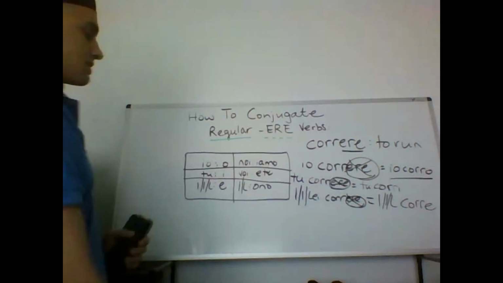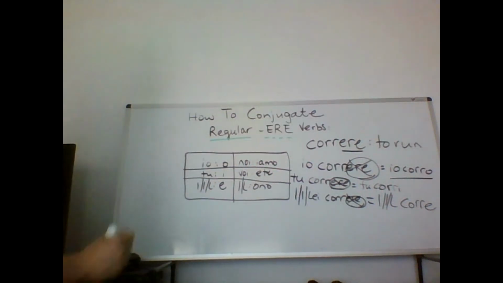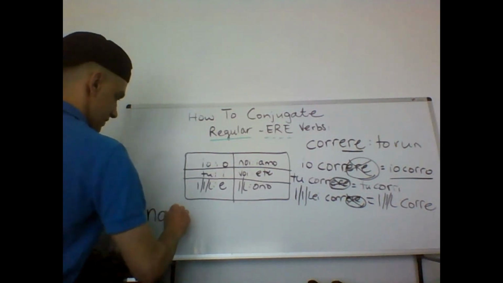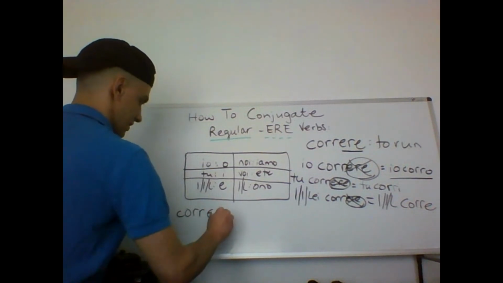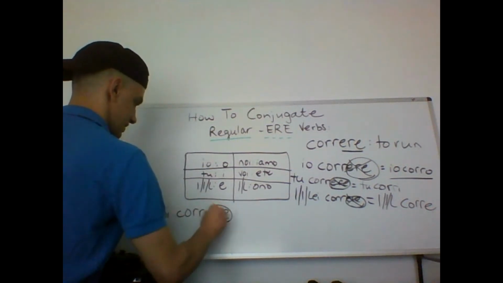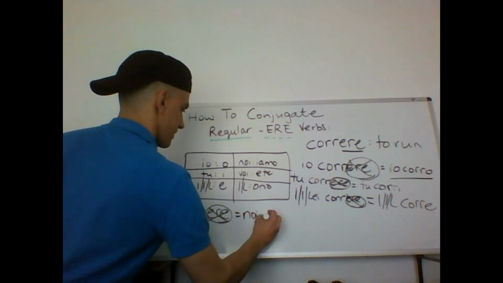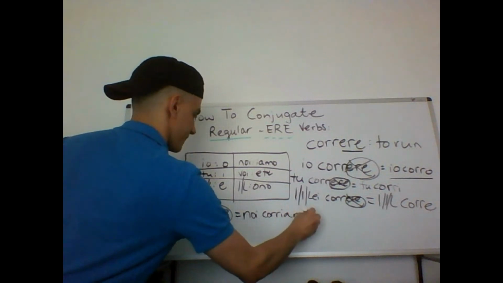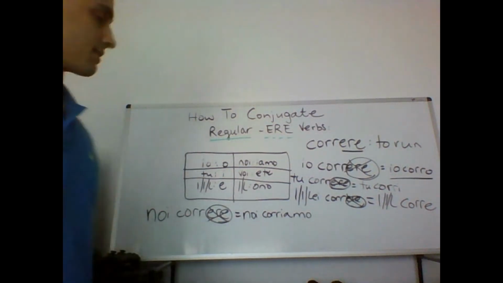Or he runs, she runs, he, she, you polite runs. All right. Let's have a little more space over here. Noi correre. Get rid of this. And this is going to be noi corriamo. We run. We run.